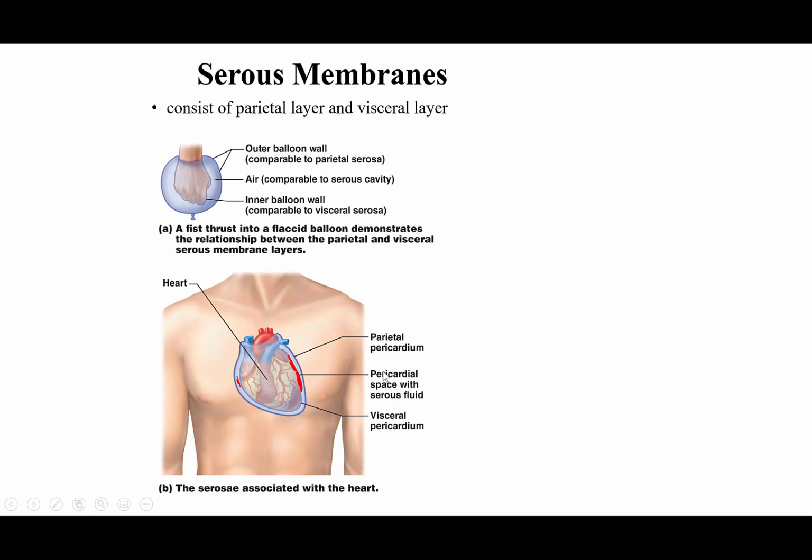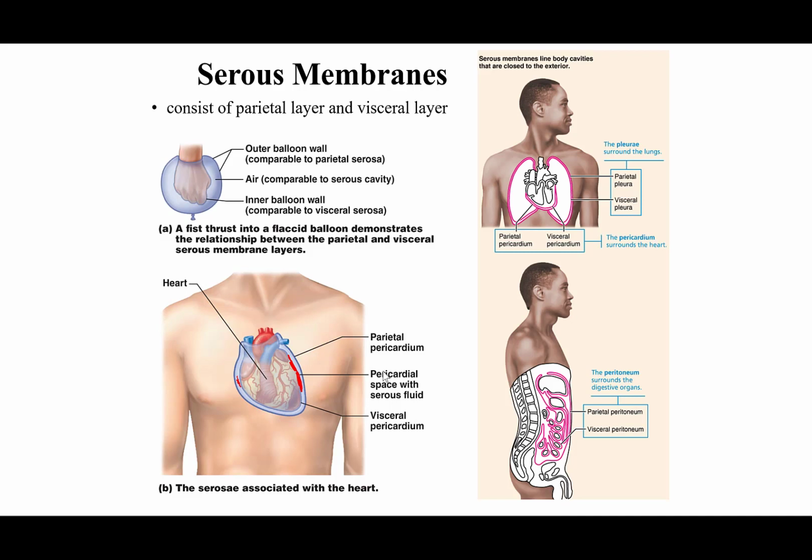The serous membranes are not only in the thoracic cavity as mentioned, there are also some around the abdominal region. If these serous membranes wrap around the lungs, then you call those the pleural membrane. If that membrane wraps around the heart, then you call that the pericardial membrane.